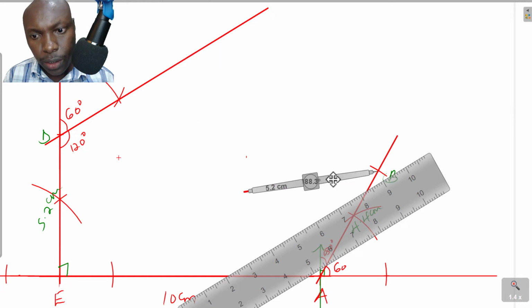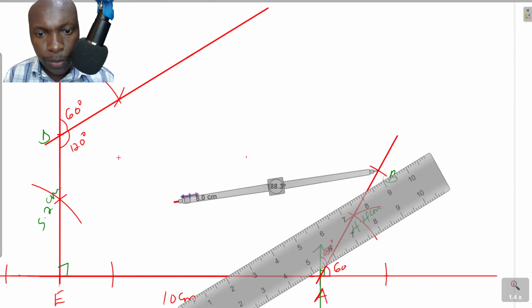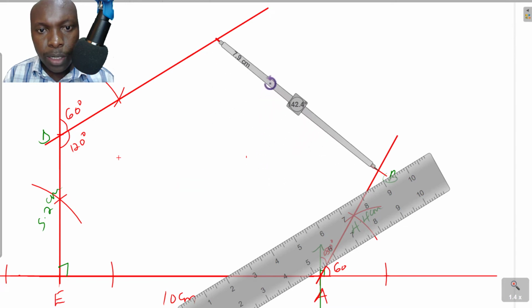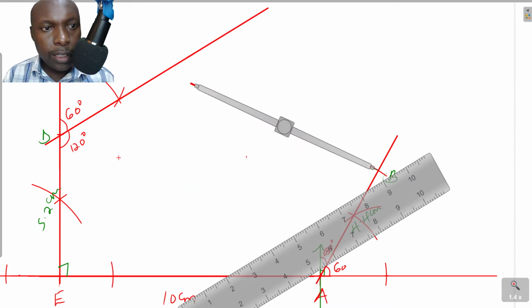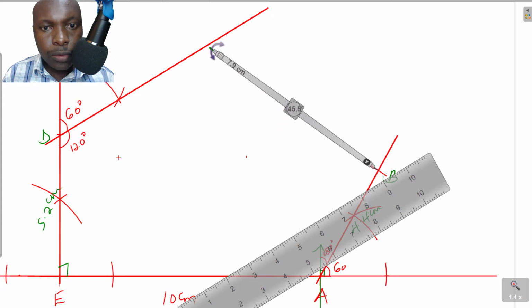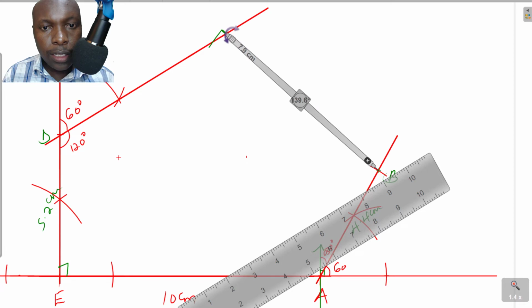So standing at B with a measurement of 7.9, I'll go and mark and cut that line there, that is the line that runs from D. I'm having the measurement of 7.9, standing at B. Then you cut that line at that point.